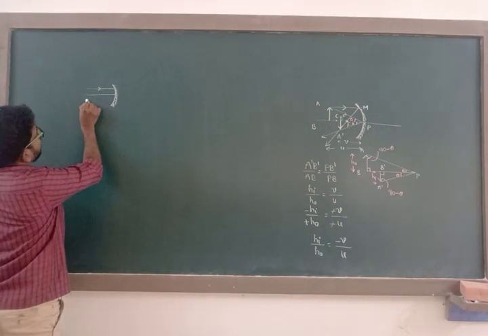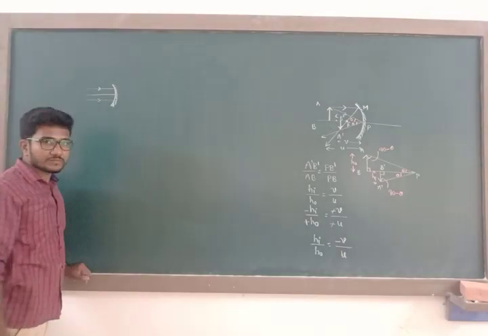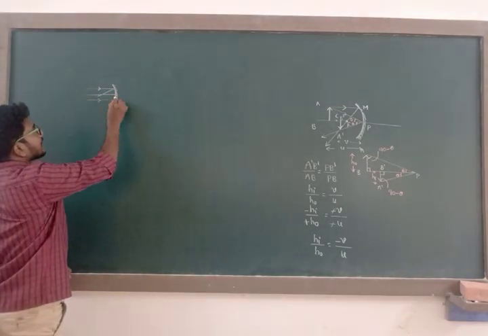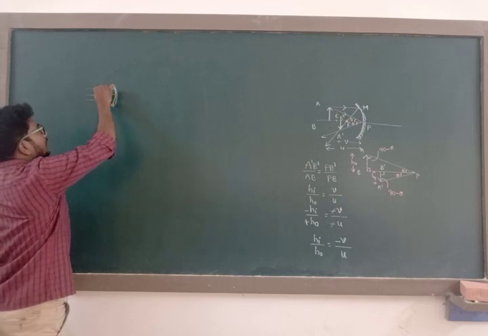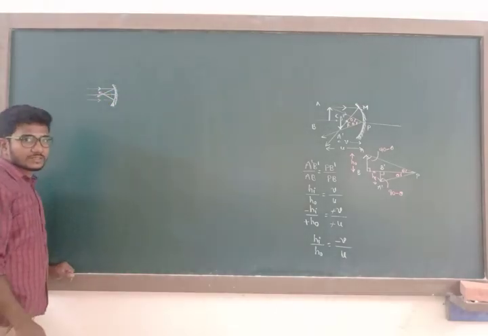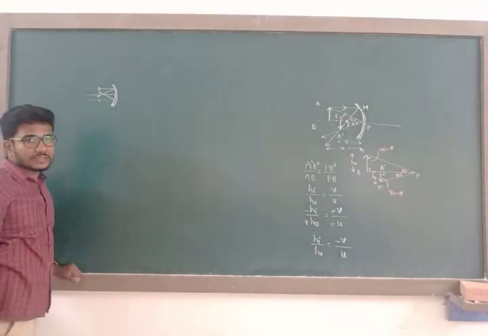Another incident light ray is parallel to the principal axis. After reflection, these two reflected light rays meet at principal focus. So this ray diagram represents object lies at infinity.